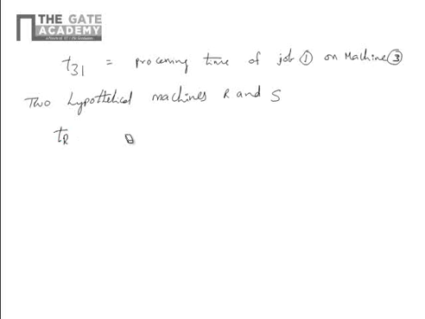Time of job 1 on machine R is equal to T1I plus T2I, where I is the job number and 1 is the machine 1.